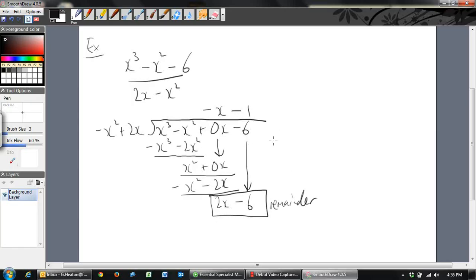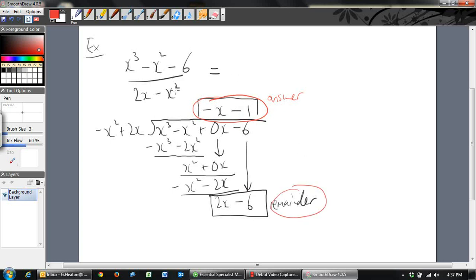So what this means is that this fraction here can be written as, okay, here we go. What was the answer? The answer is here. Should be doing this in red. That is your answer, your quotient, or I'll just write answer, otherwise everyone gets confused. That's your answer, and this is your remainder here.